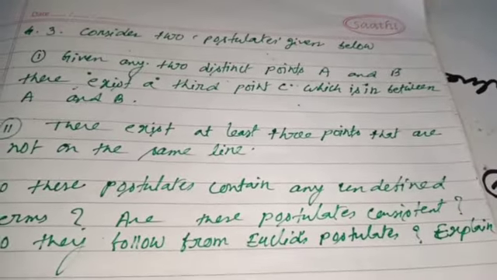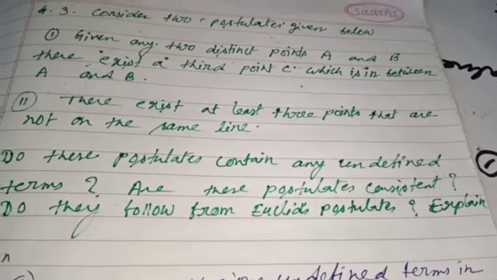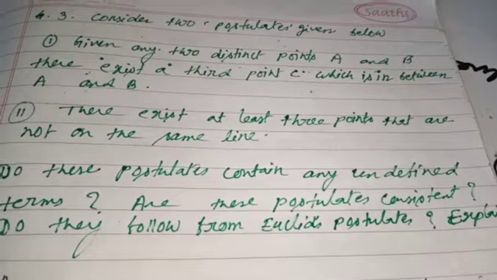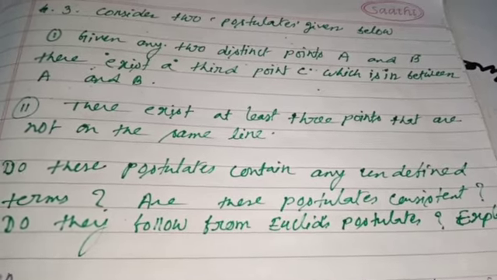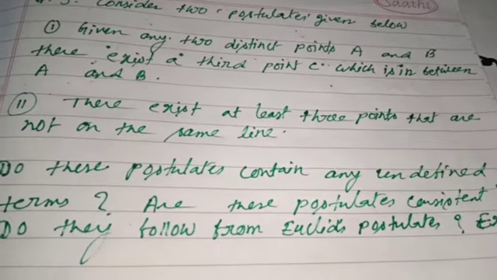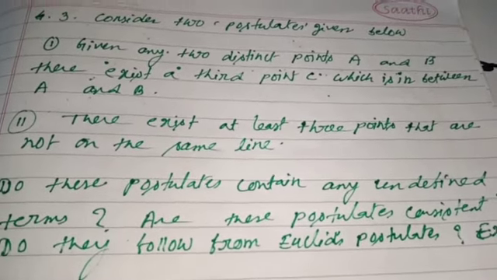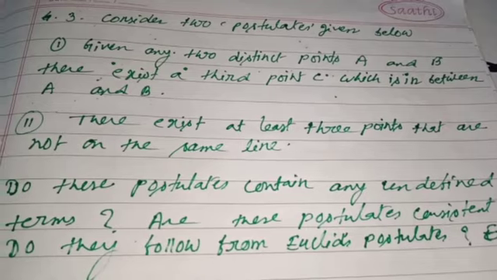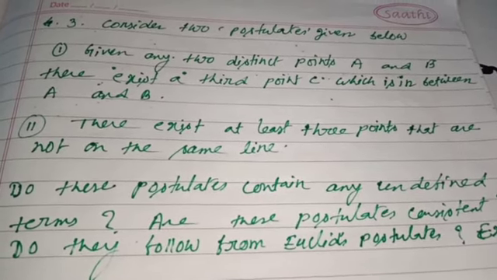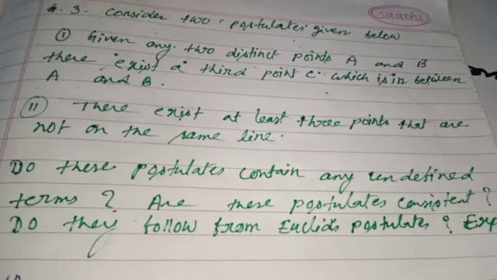Next, second: there exists at least 3 points that are not on the same line. Means according to condition 2, there exist at least, minimum, 3 points that should not lie on the same line.